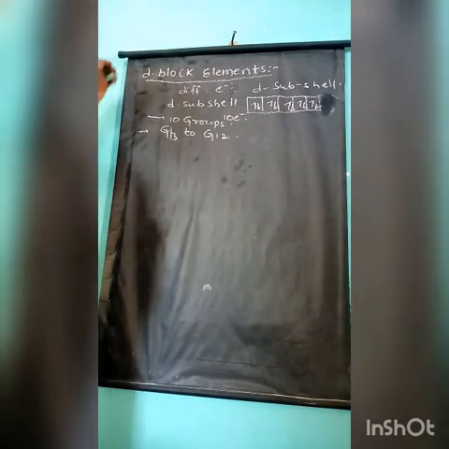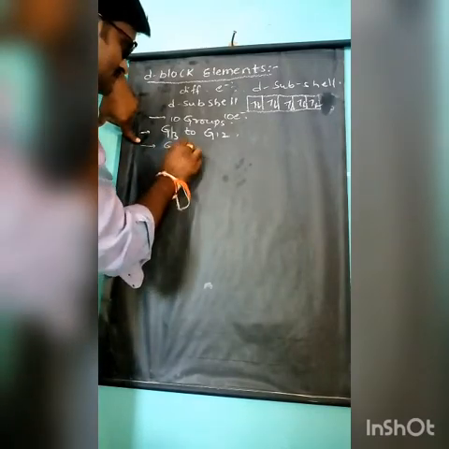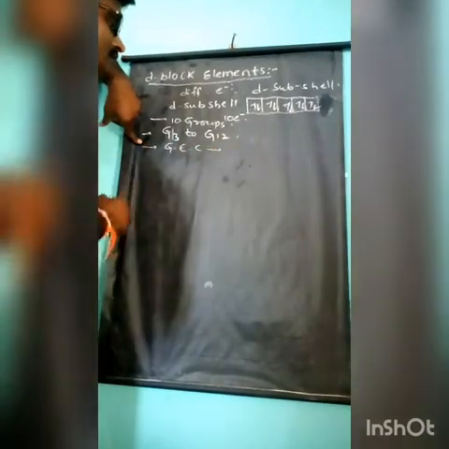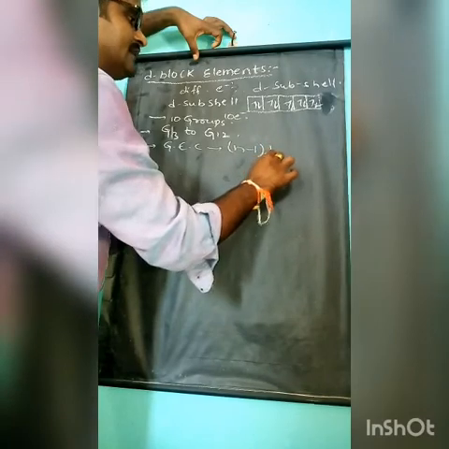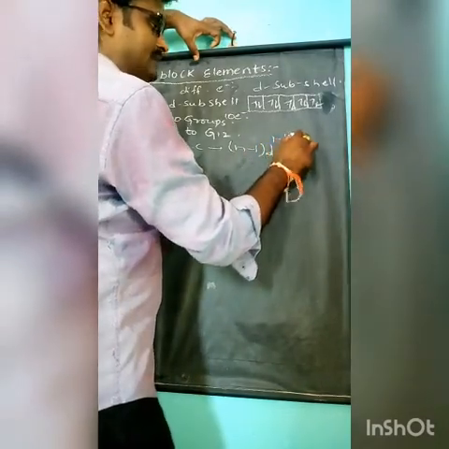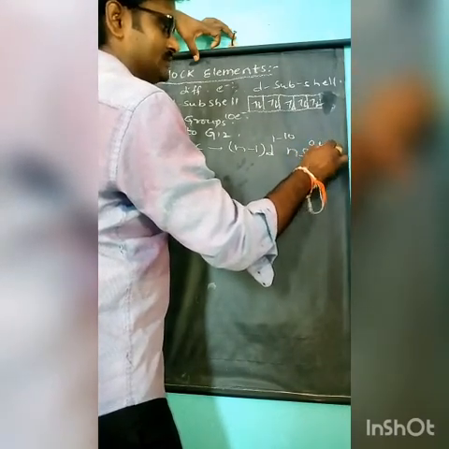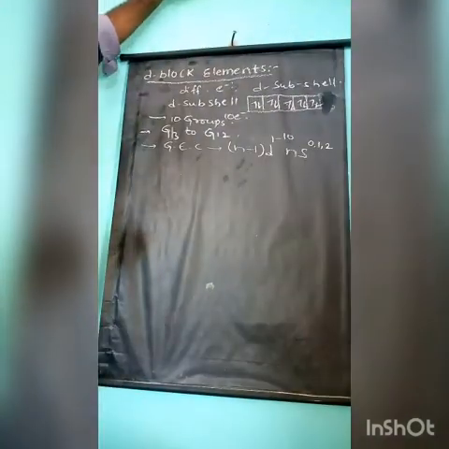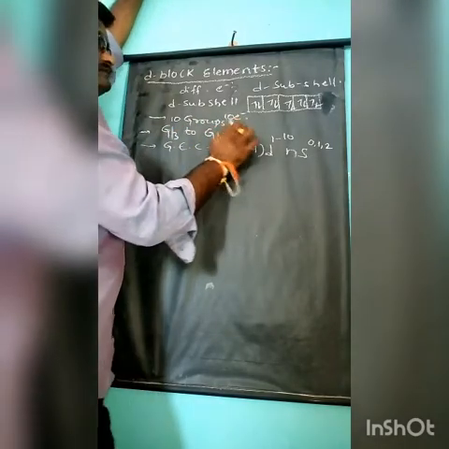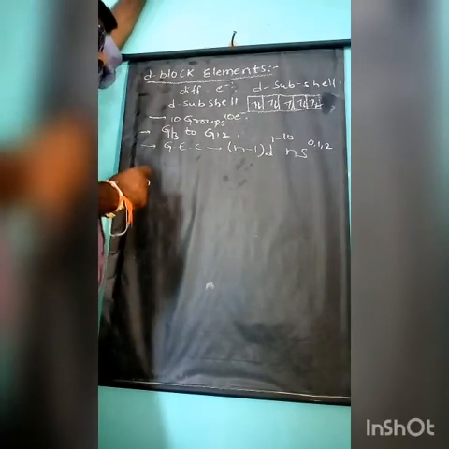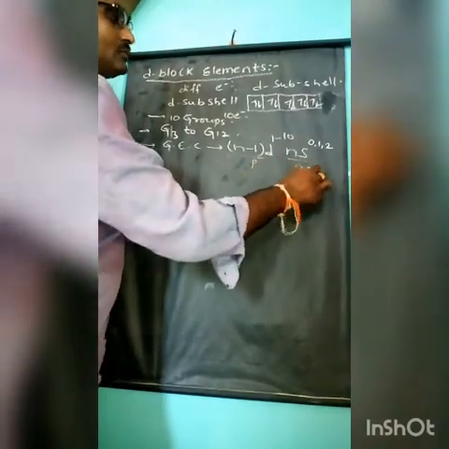The general electronic configuration of d block elements is (n-1)d 1 to 10 ns 0, 1, 2. Here, (n-1) is the penultimate shell and n is the outermost shell.